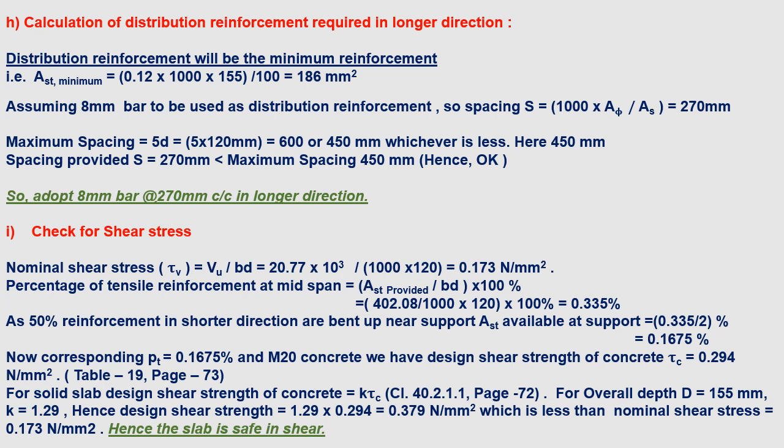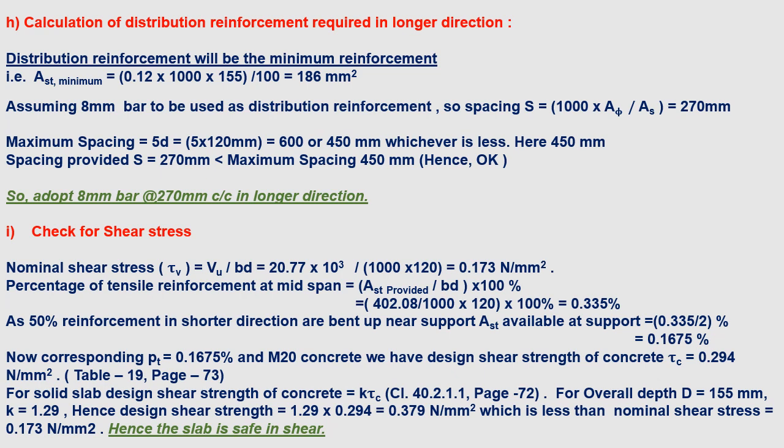Now corresponding to this pt equal to 0.1675% and M20 grade concrete, we have design shear strength of concrete tau c equal to 0.294 Newton per square millimeter from table 19, page number 73. Now for solid slab, the design shear strength of concrete is equal to k into tau c, which is given in page number 72.